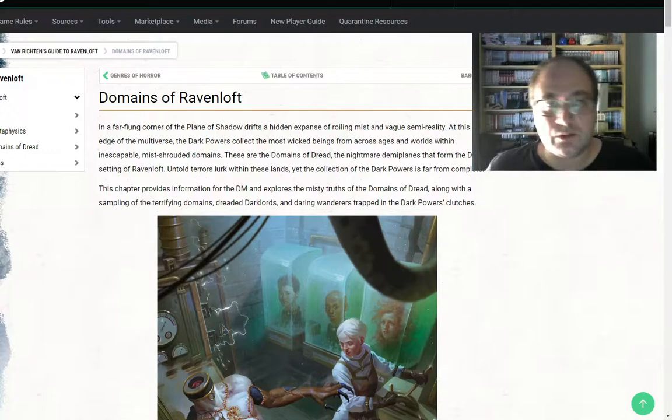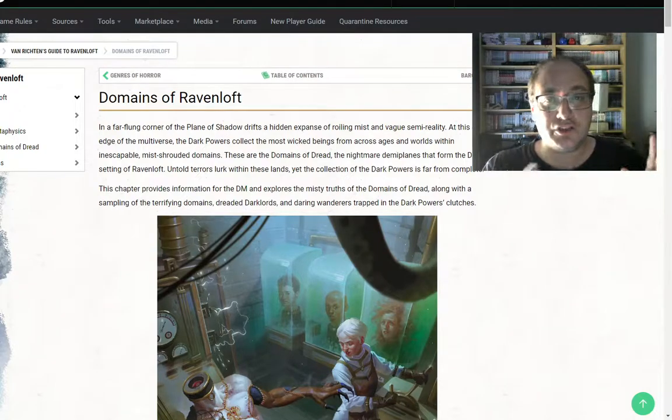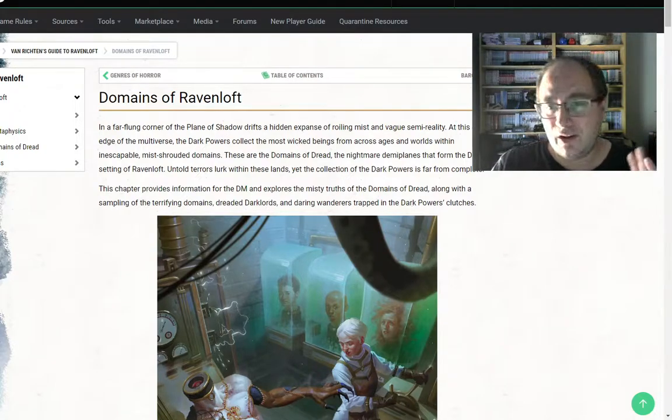Each domain, and this is also important to understand, is also home to a Dark Lord. A Dark Lord is a person. Sometimes it's more of a creature or a cursed artifact or weirder entities that we're going to look at, who are trapped in this domain and they are being tormented by this domain.